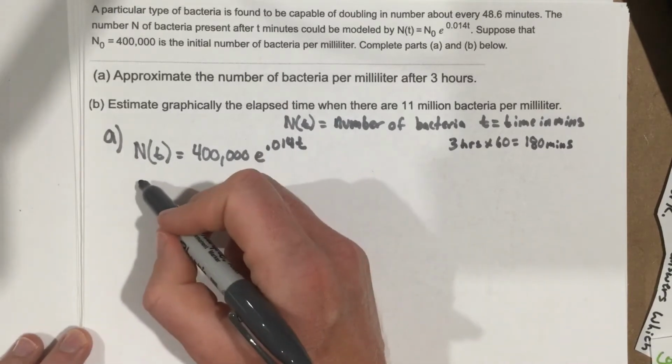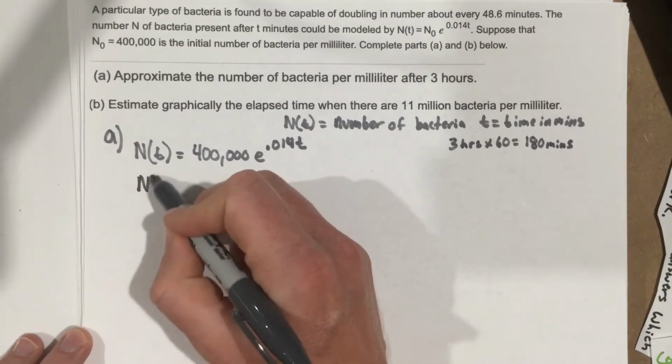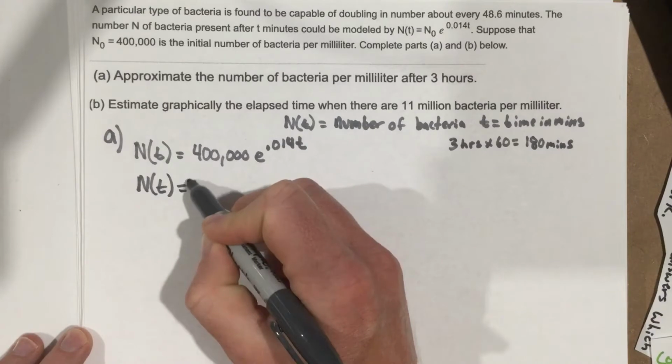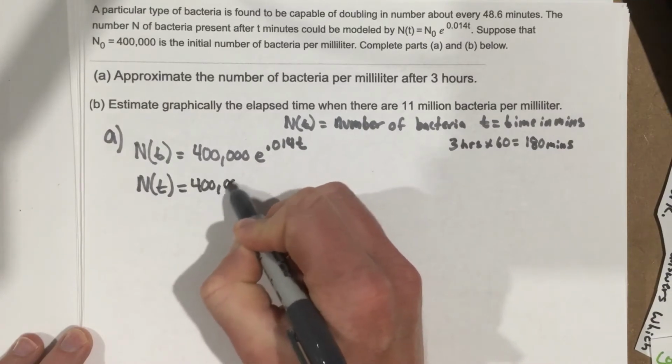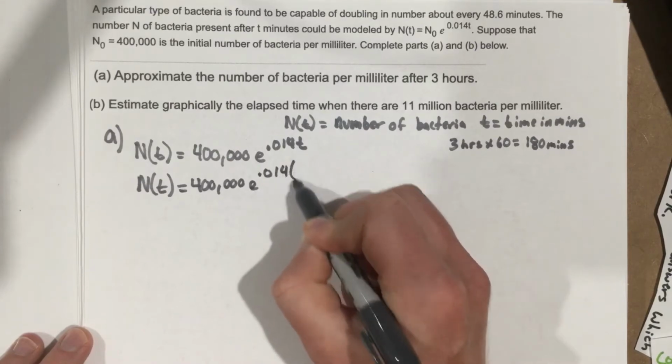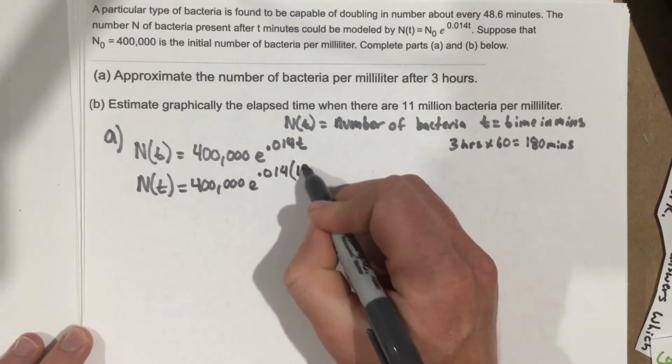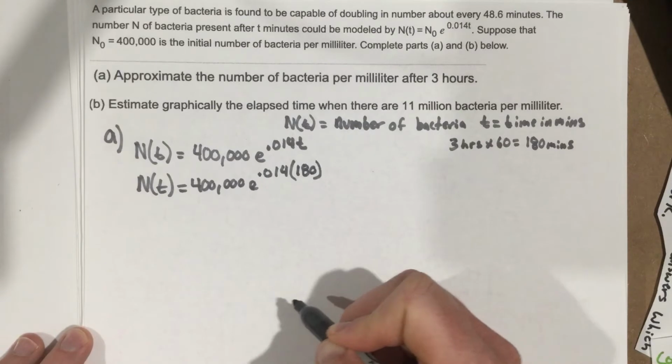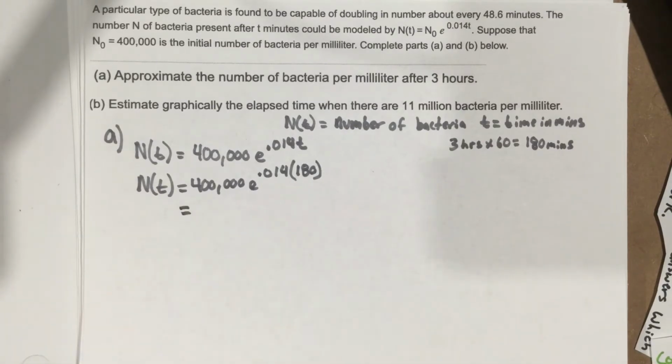So we're going to go ahead and say that n of t equals 400,000 e to the 0.014 times 180, which equals, let's plug all that in the calculator.